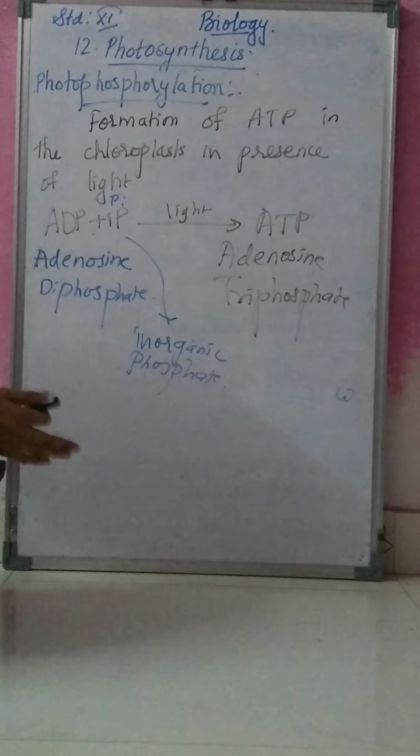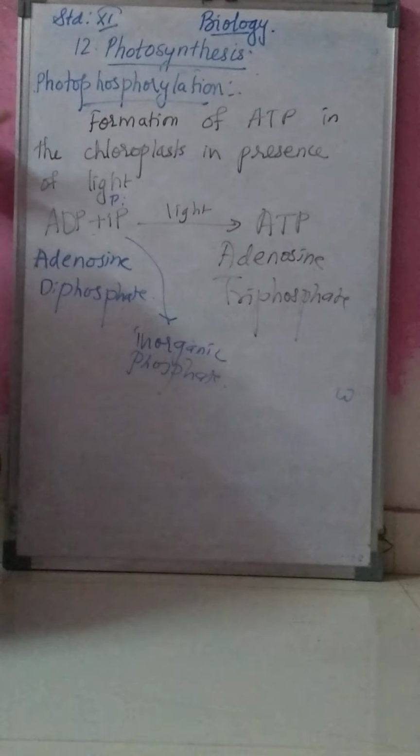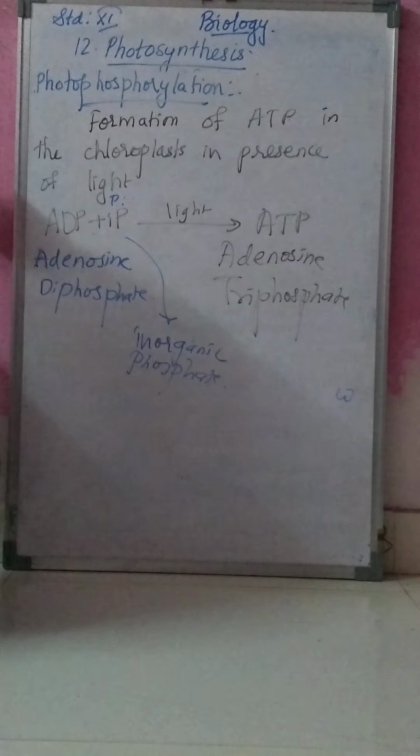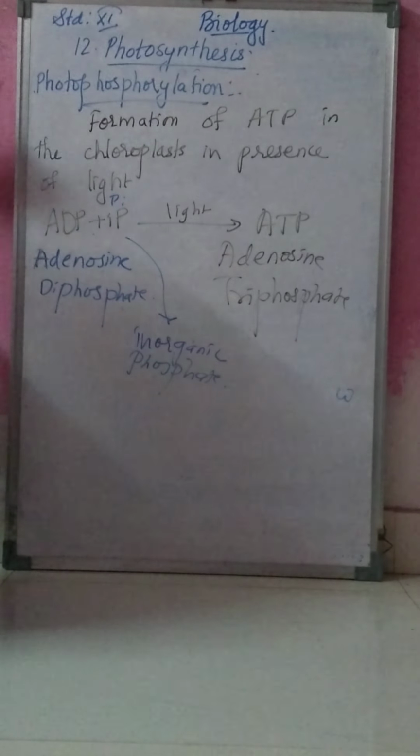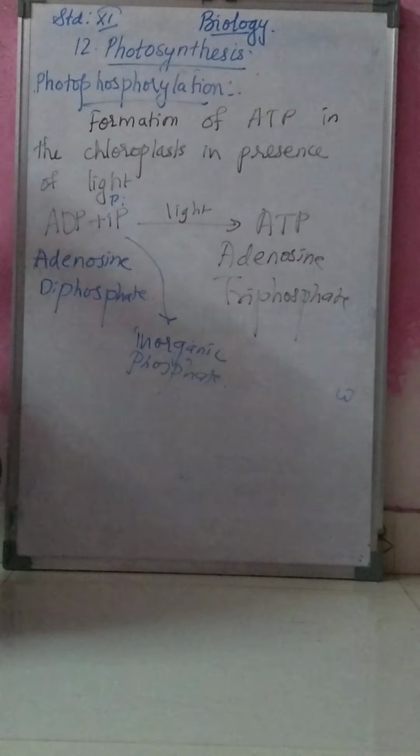So photophosphorylation means formation of ATP in the chloroplast. It takes place in presence of light, hence it is known as photophosphorylation.